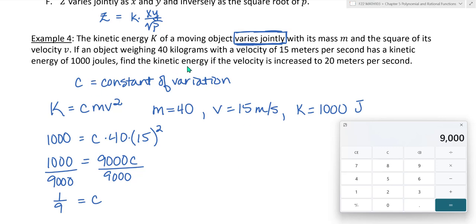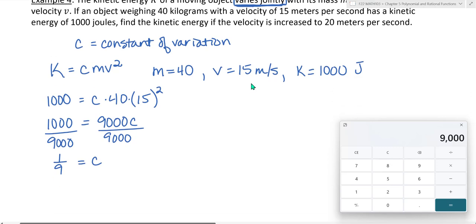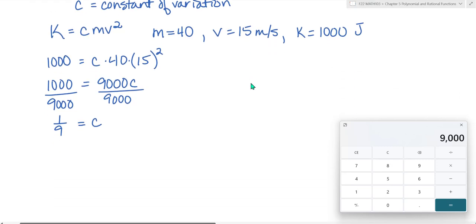Now we're supposed to find the kinetic energy if the velocity is increased to 20 meters per second. I didn't write down, we had a template, so now we know the actual formula. K equals 1/9 times the mass times v squared.